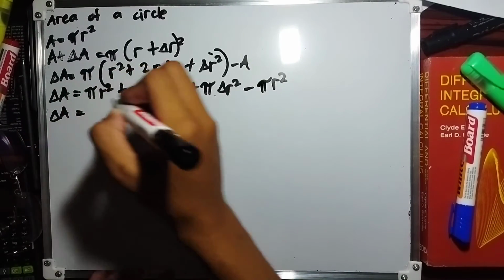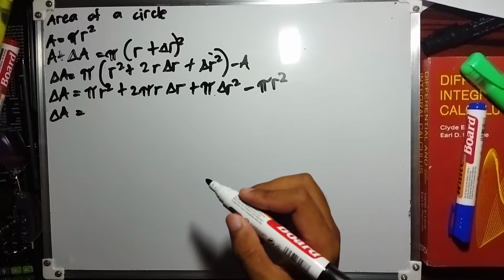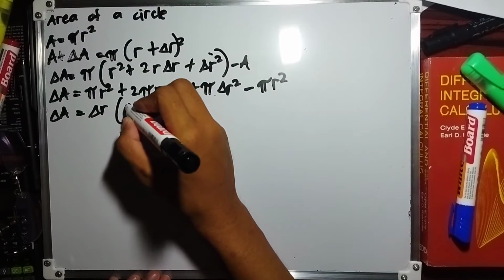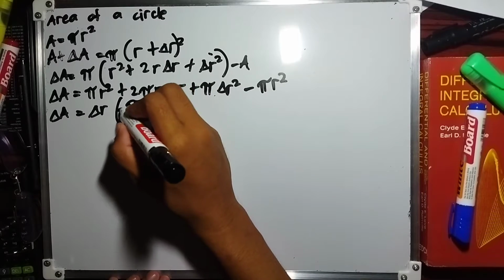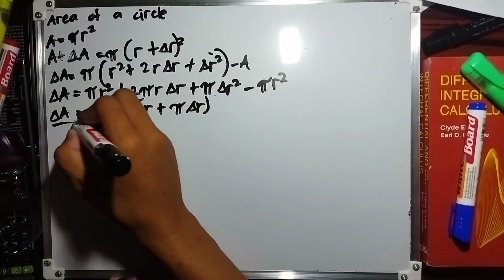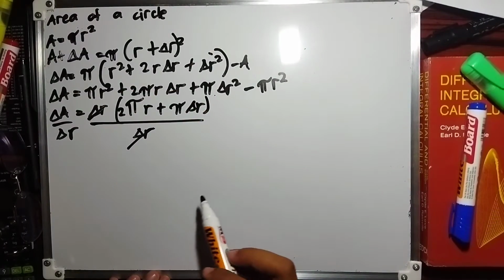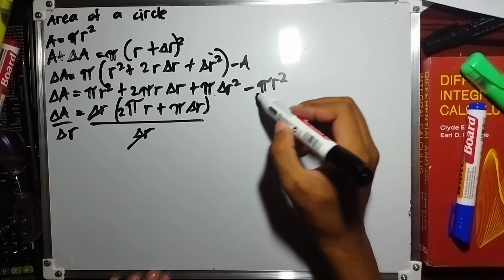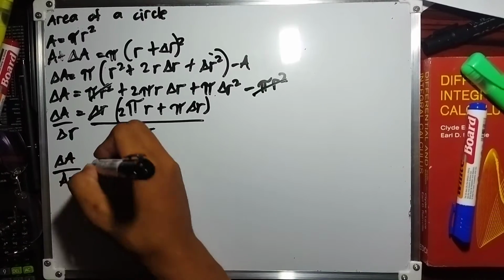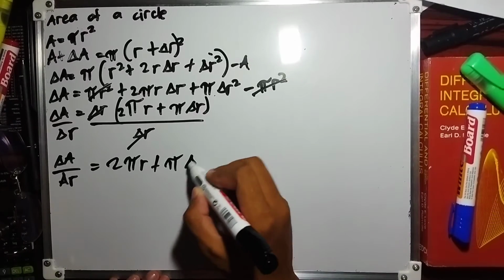But first you have to put outside the parentheses the delta r. So it would become delta r times 2 pi r plus pi delta r. I'll divide both sides by delta r, and as you can see, delta r here and here will be cancelled out. So delta A over delta r is equal to 2 pi r plus pi delta r.